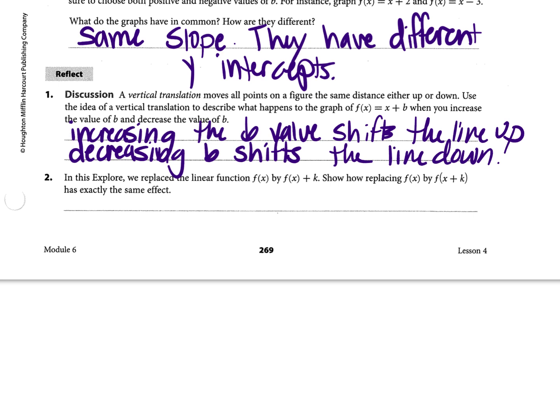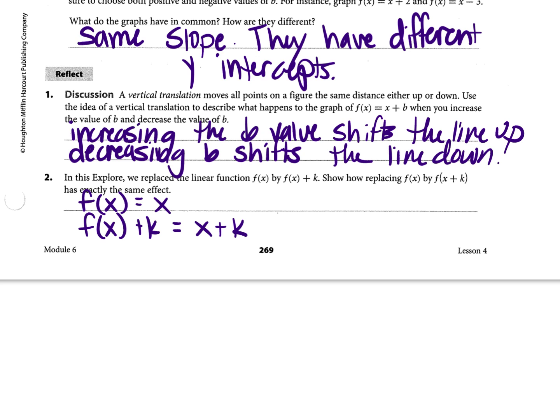In this Explore, we replace the linear function f of x by f of x plus k. Show how replacing x by x plus k has exactly the same effect. So if we took f of x equals x and we add k to the end, then over here we have to add k to the end.